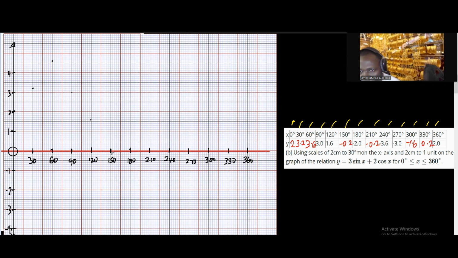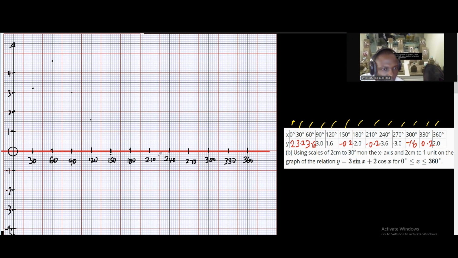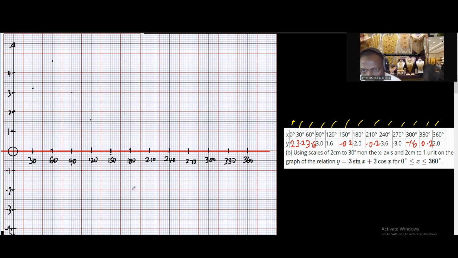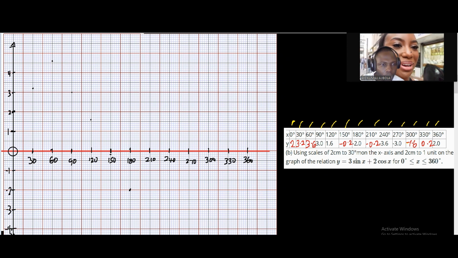So minus 0.2 is just below the line here because 0.5 is at the middle. Then when x is 180, y is minus 2. So 180 goes all the way down to minus 2. So this is minus 2 here. And when x is 210, also we have minus 0.2. So 210, minus 0.2, just below the line here.